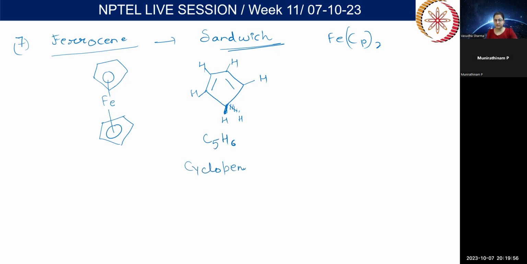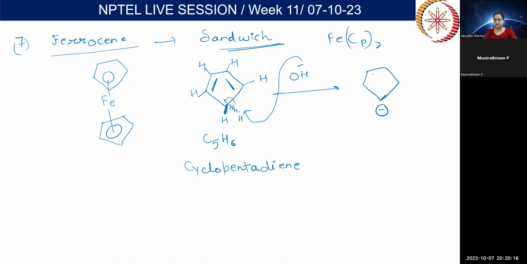Penta means five carbons. Because of the two alkene double bonds, this is a diene. When a base comes, it takes up one proton and leaves a negative charge.